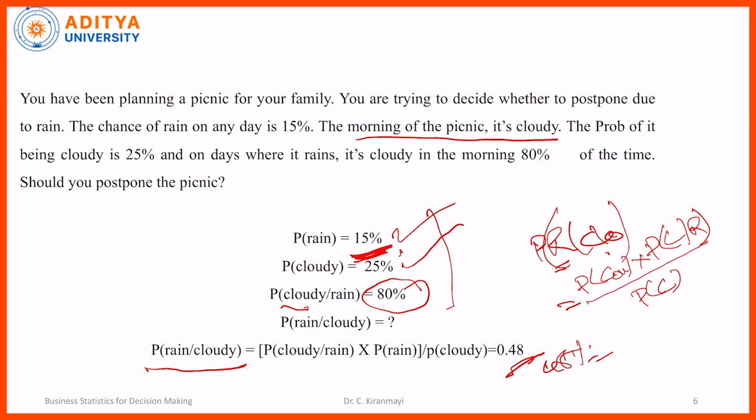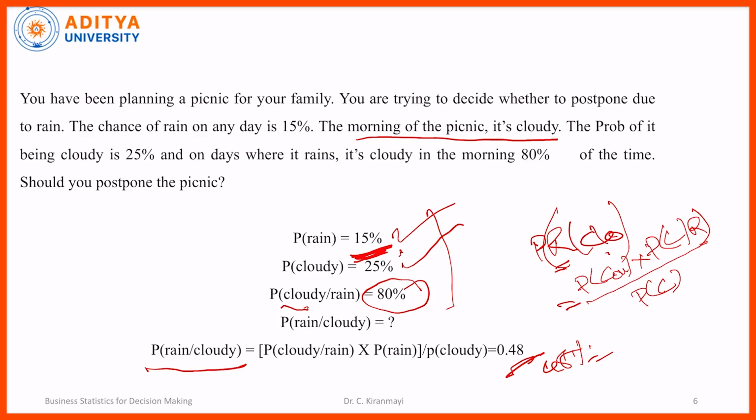But here, the person wants to go for a picnic and he wants to postpone or not postpone his picnic if the day is a rainy day. He doesn't know whether it is going to be a rainy day or not, but he has information that it is a cloudy day. So that is the new evidence which we have added to the hypothesis.